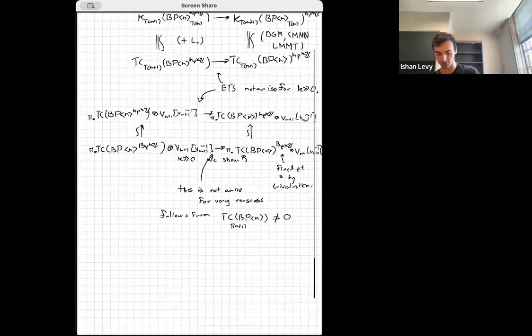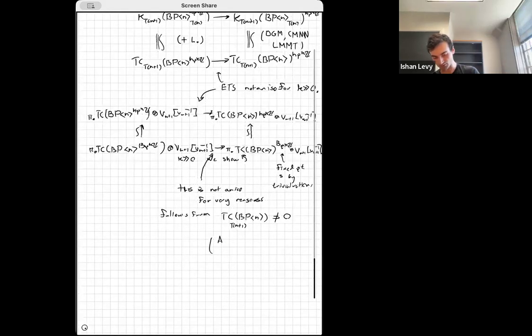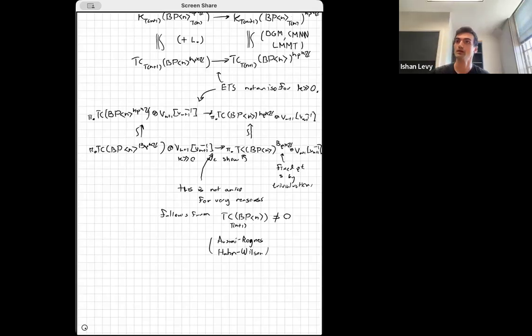And this fact is due to Ausoni and Rognes for maybe n equals 1 and p at least 5, and it's due to Hahn and Wilson in general. Okay, and so this is how we essentially show that this is not an isomorphism. So it comes down to some facts about topological cyclic homology.